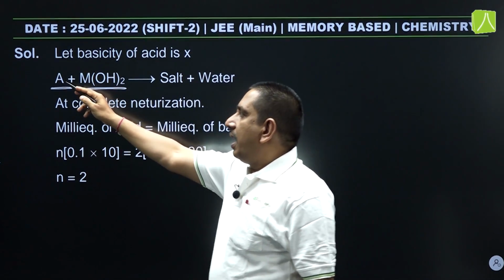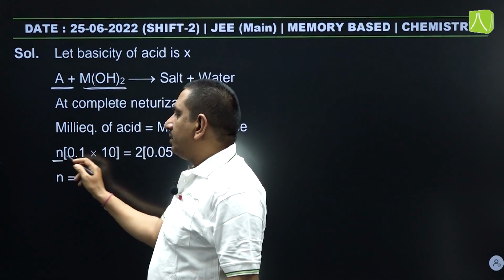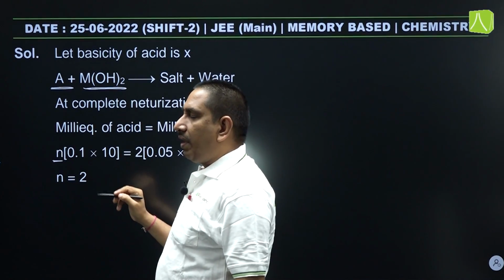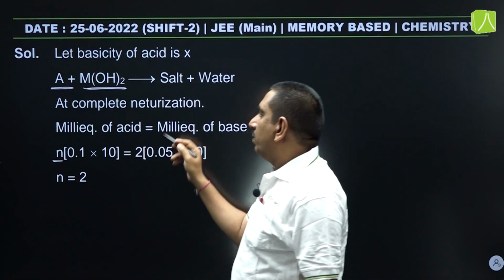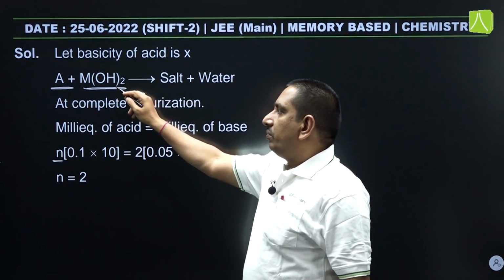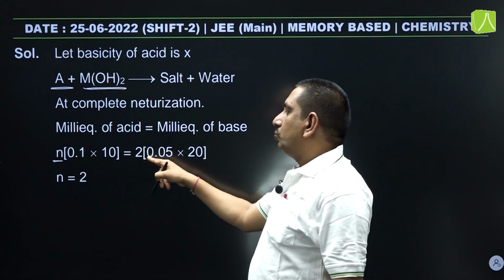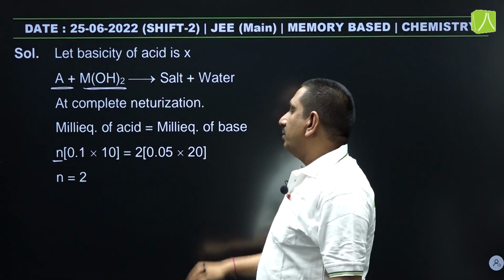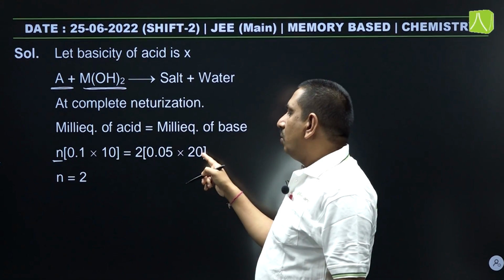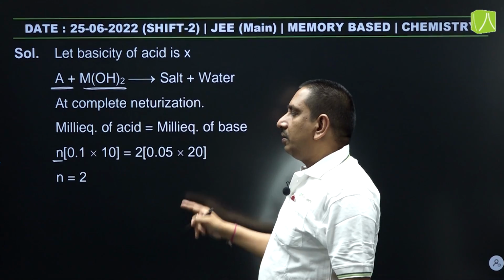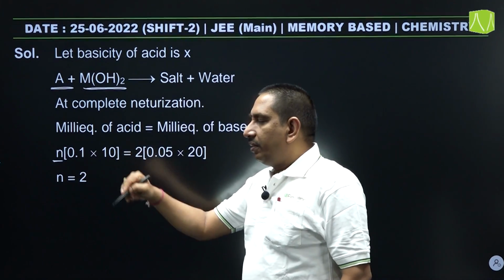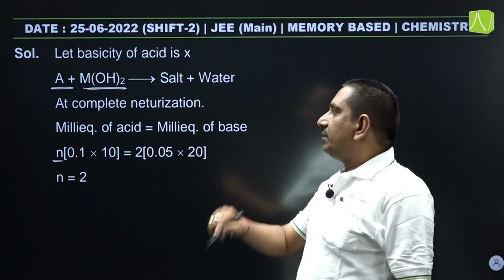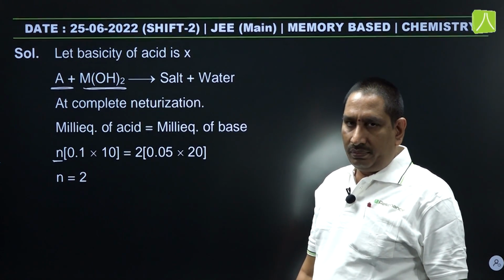Here the acid basicity, let it be N, and the molarity and volume is given 0.1 into 10 ml, and MOH twice, its acidity is 2, that is base acidity, and its concentration 0.05 molar, volume is given 20 milliliter. From this we can calculate N as 2. This is the basicity of the acid.